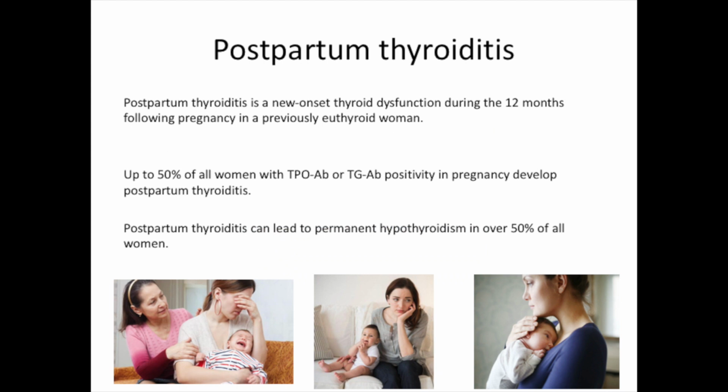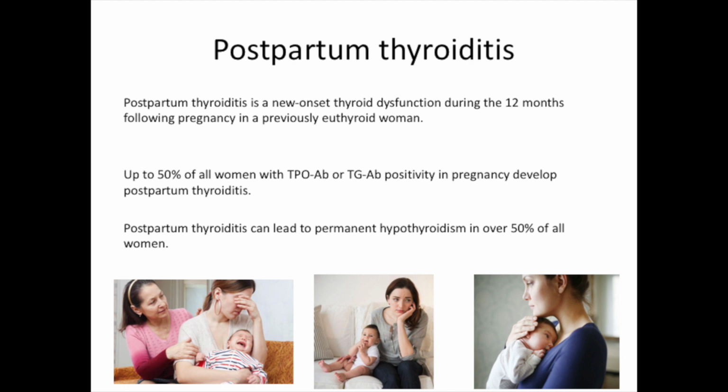After we discussed hyper and hypothyroidism during pregnancy, we should not forget to talk about postpartum thyroiditis. What is postpartum thyroiditis? It is a new onset of thyroid dysfunction which occurs in the first 12 months after delivery.